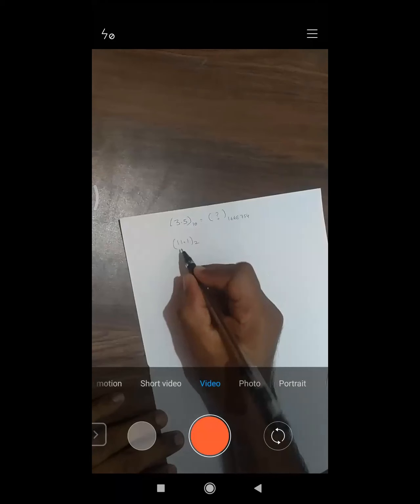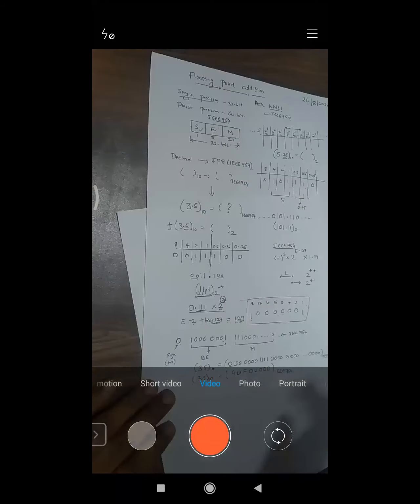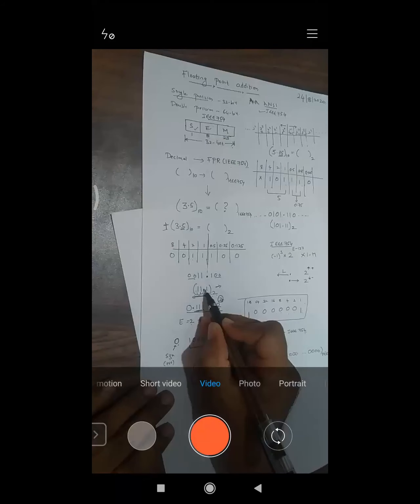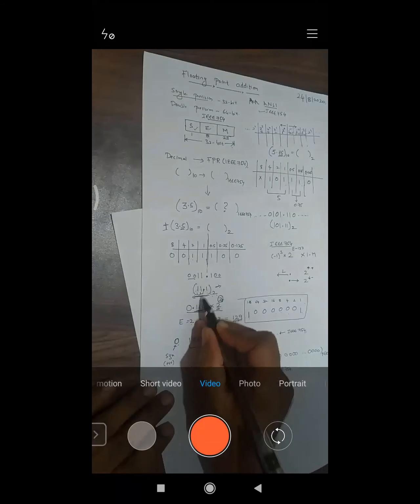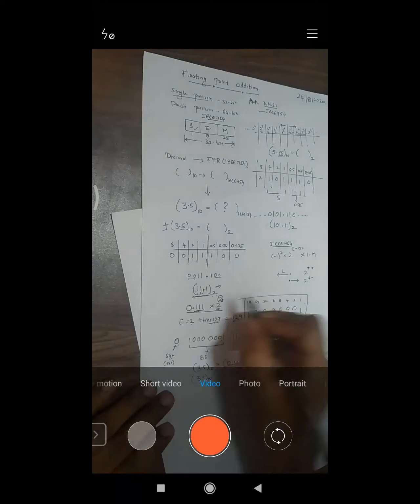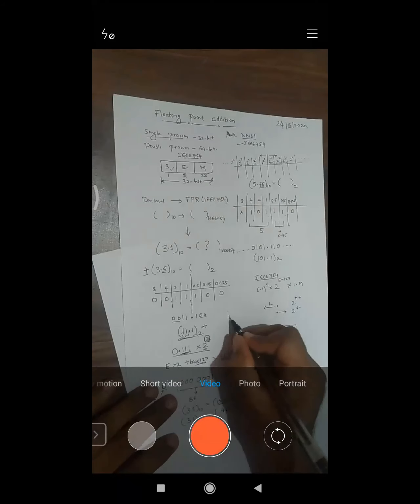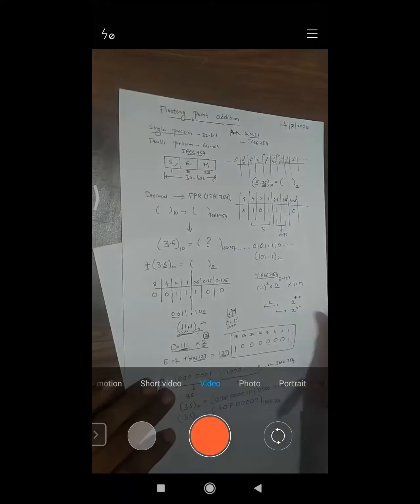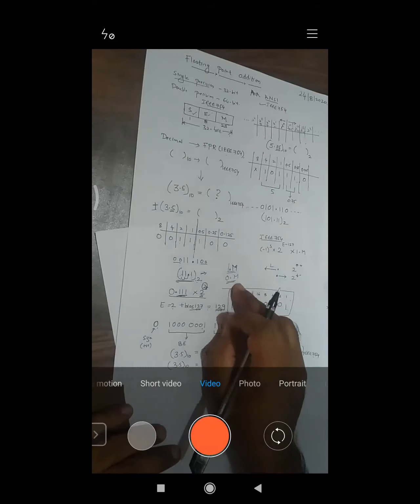Yeah, I got it. Now here what we have done is, if you look at this decimal point, I have shifted it 2 times. But I want it in 1 dot Mantissa format, 1 dot Mantissa, not 0 dot Mantissa. So I need to make the decimal adjustment for 1 dot Mantissa, but we have done it with 0 dot Mantissa.